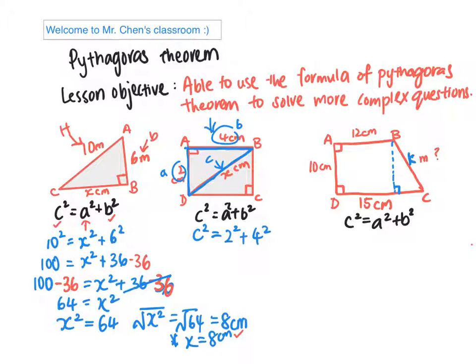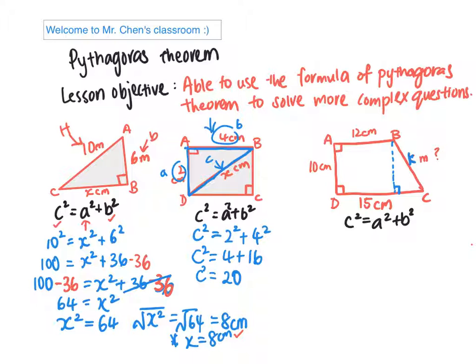So that means c squared equals 2 squared, which is 4, plus 4 squared, which is 16, and then c squared will be 20.